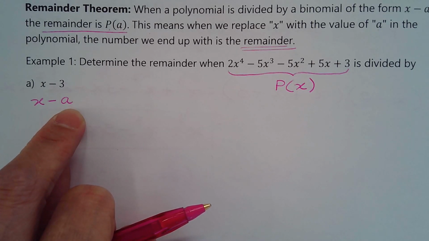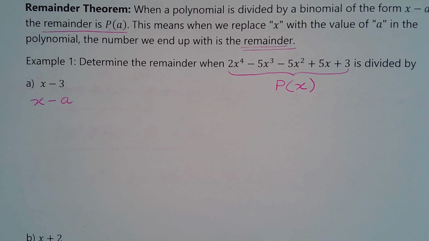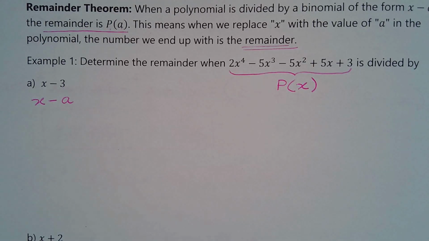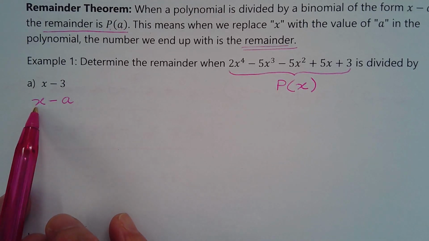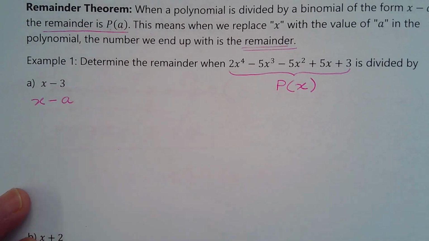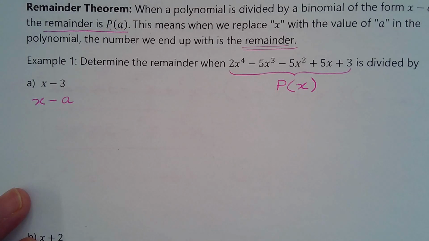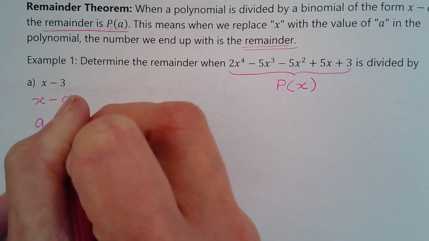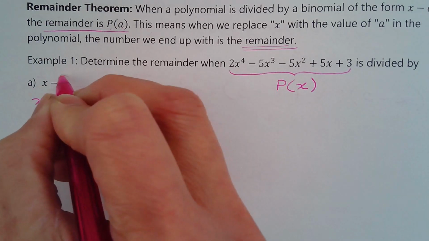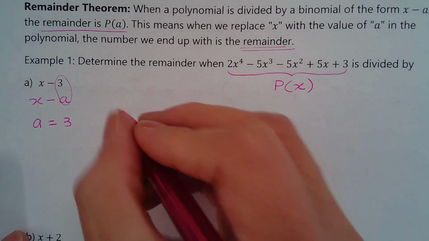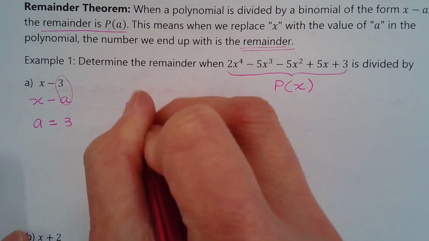Positive 3, right? And going back to what Hassan had said, you can set x equal to 0, like a linear function, and whatever x equals. So our a is equal to 3. So let's try that. P of 3.